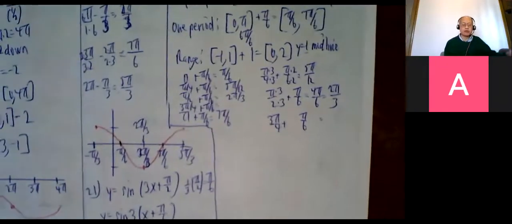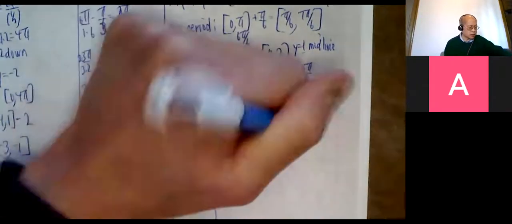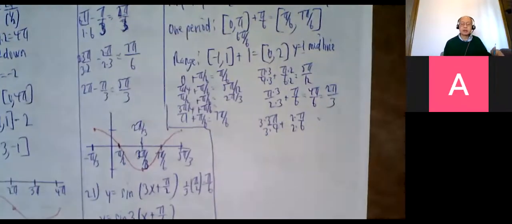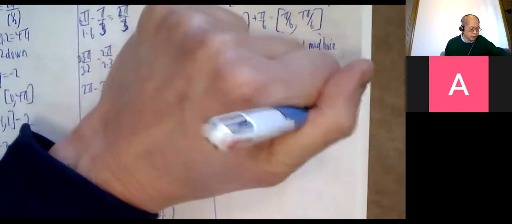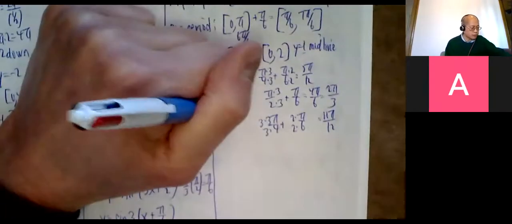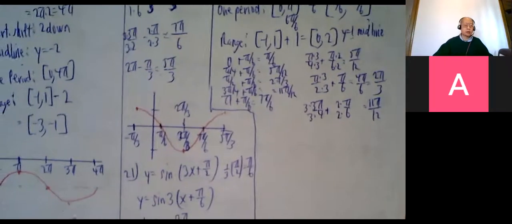Common denominator is 12. So multiply this by 3, times 3, times 2, times 2. So that's 9 pi plus 2 pi, 11 pi over 12. So we have some funny values that we don't recognize. That's the way we're going to have to do it.